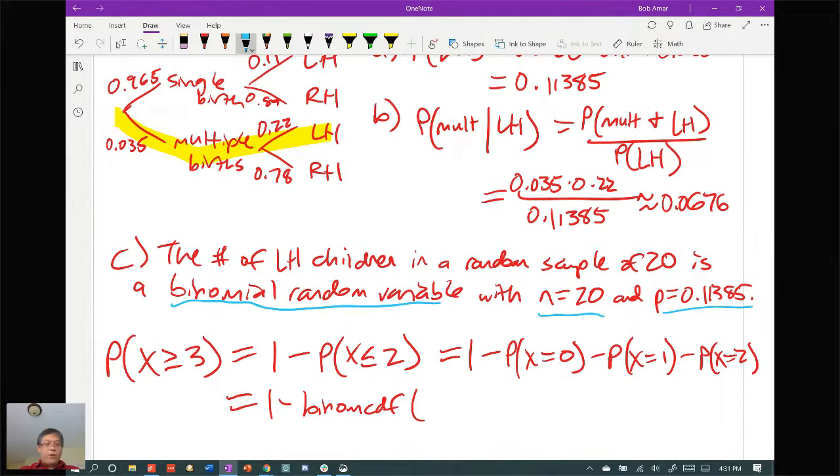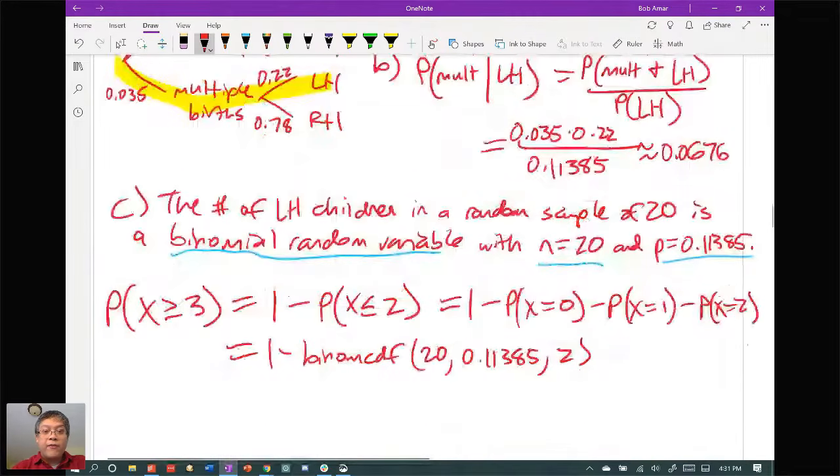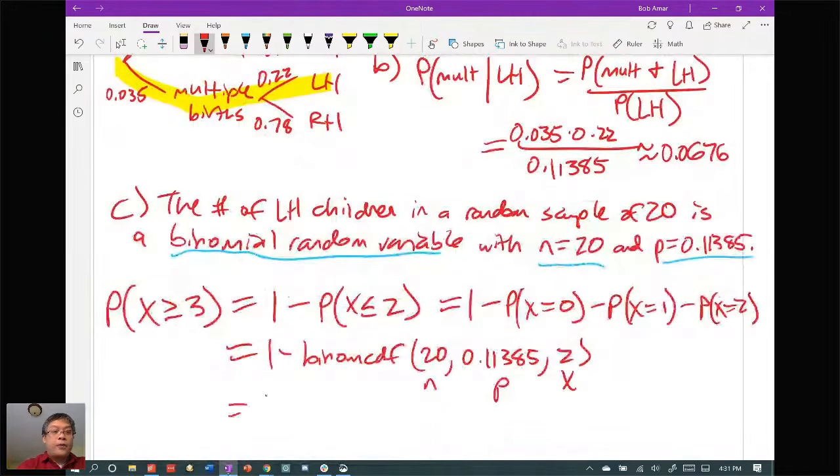So if you have 20 trials with a success probability 0.11385 and x of 2, then the correct statement would be binomcdf(20, 0.11385, 2). This is my desired value of x, this is my n, and this is my p. So that's 1 minus.